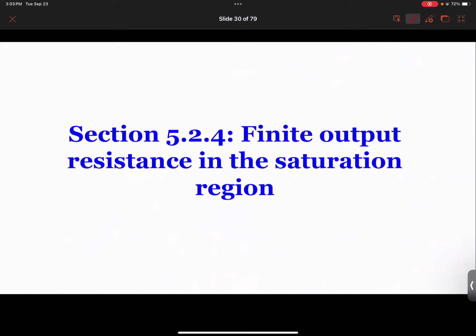So far, what we have talked about is the current ID, VDS, and the relations between ID and VDS, and we talked about the saturation region and the triode region.